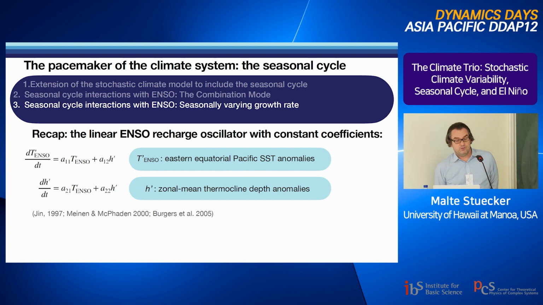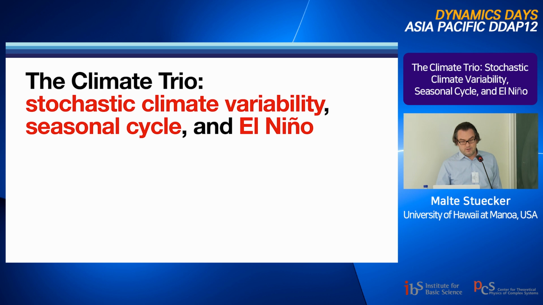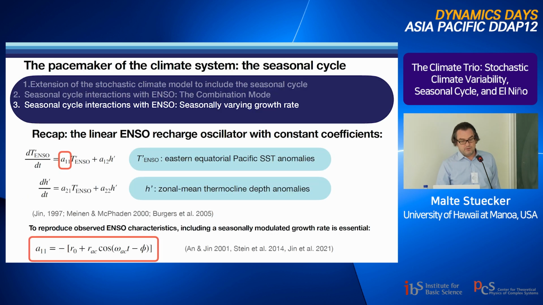So the seasonal cycle also plays a critical role within the ENSO system, in its internal dynamics. If we go back to this very simple formulation of the recharge oscillator, these two linear ODEs, to reproduce the observed ENSO characteristics, that is that El Niño events tend to peak in boreal winter, we need to include more realism here, and that is that the growth rate of ENSO depends on the seasonal cycle.